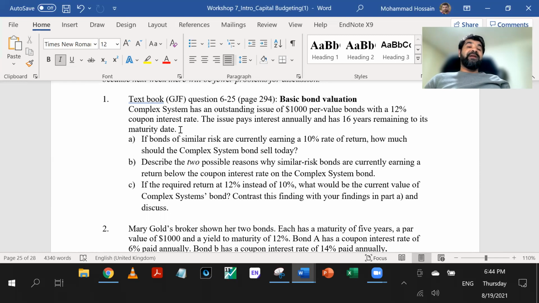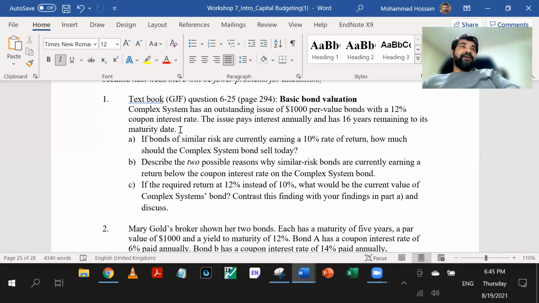If bonds of similar risk are currently earning a 10% rate of return, how much should the Complex System bond sell for today? B: Describe the two possible reasons why similar risk bonds are currently earning a return below the coupon interest rate on the Complex System bond.